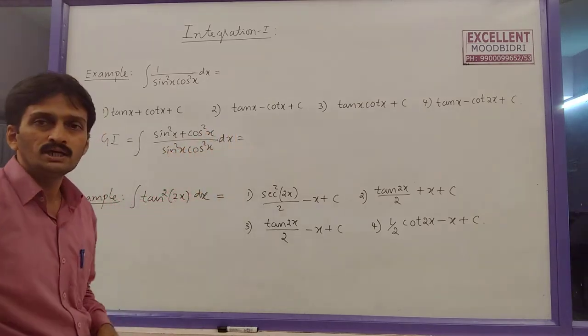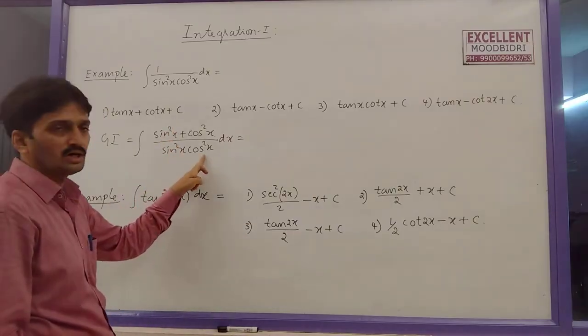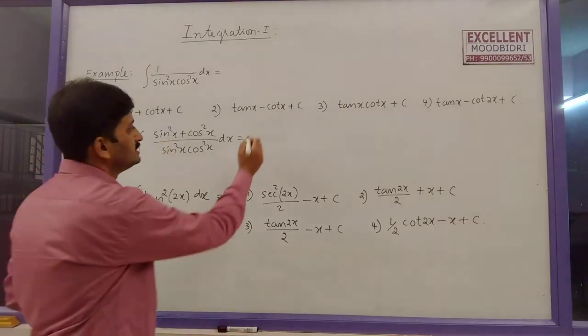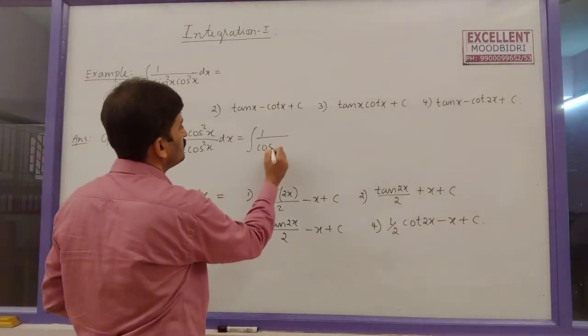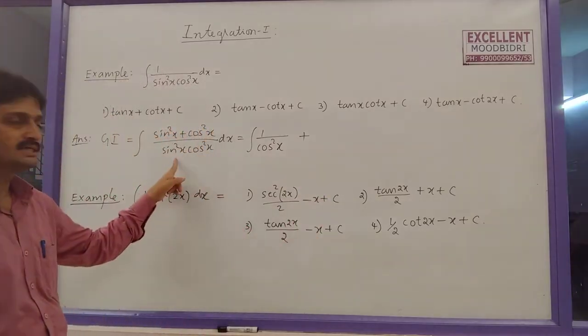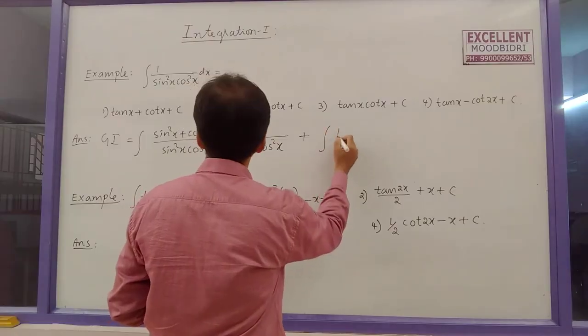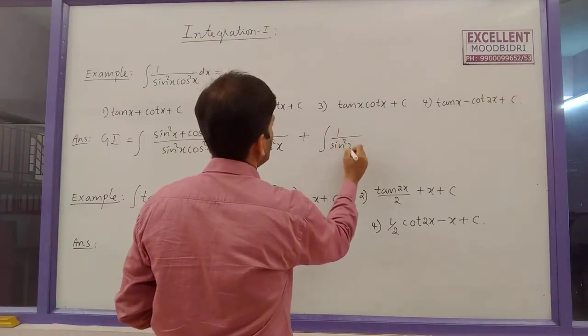Now split: sin square cancels, so you get integration of 1 by cos square x plus cos square x by sin square x into cos square x. Cos square cancels, you get 1 by sin square x.